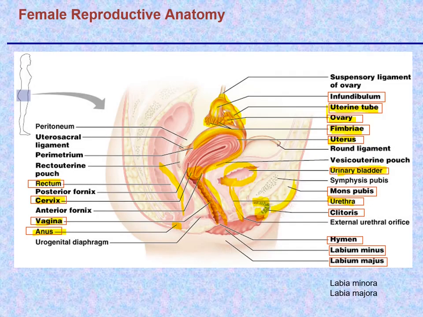It's drawn here in the same way that the corpora cavernosa and corpus spongiosum were shown in the penis, because it also is made of this kind of spongy, highly vascular space that can be filled with blood, and become engorged with blood with sexual excitement and become erect.